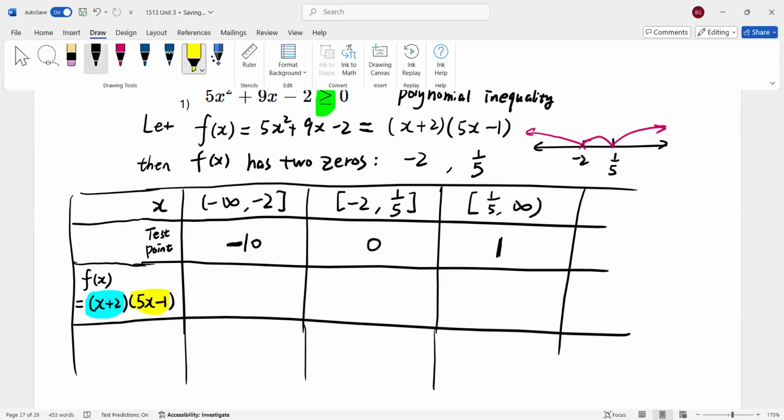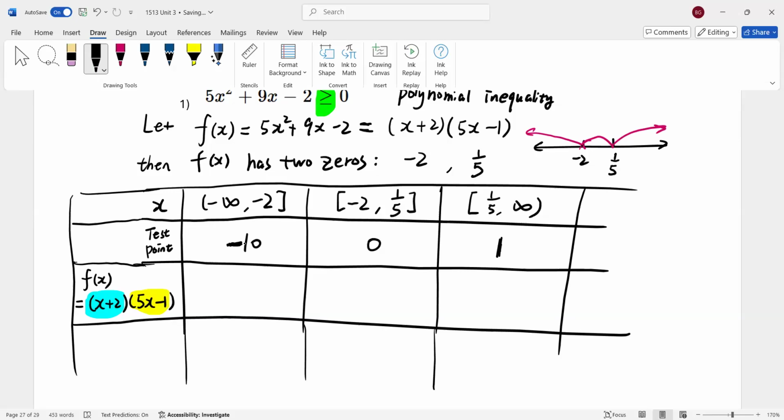So the function is blue times yellow, and we don't really care about the value of the function when x assumes -10. We only care about the output of the function when the input is -10, positive or negative.